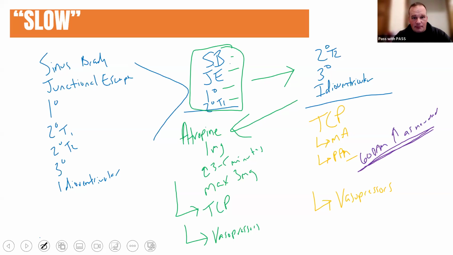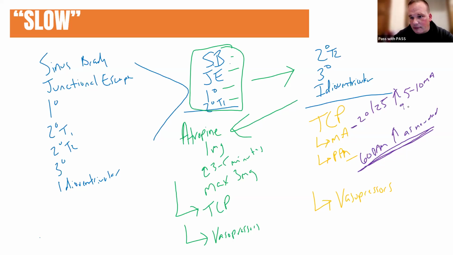Now, from a milliamperage perspective, there is no direct guidance from ACLS on this. So generally what educators will say, and again, it varies, but one of the more common things you'll probably hear is start at 20 or 25 and increase by 5 to 10 milliamps every 5 to 10 seconds.